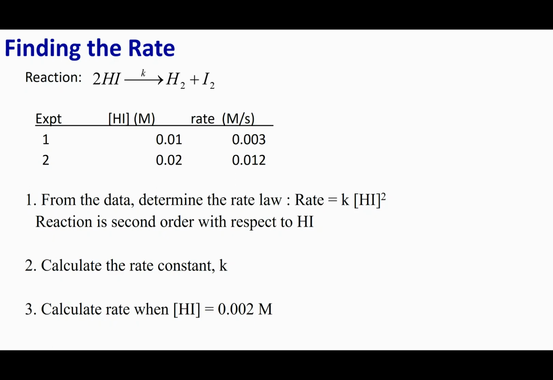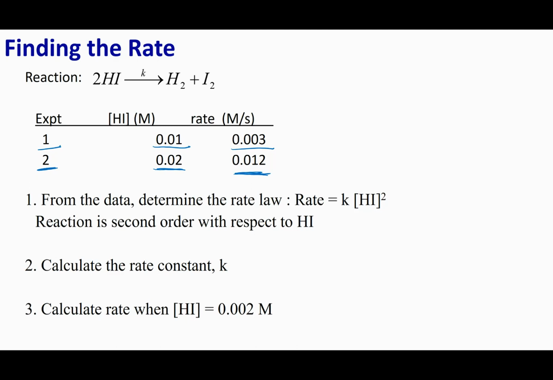Now, to do this method, we're going to run a series of experiments. So I'm going to go into lab. I'm going to run experiment 1. I'm going to note the concentration of my reactants, and then I'm going to measure the rate. Then the next thing I'm going to do is run that experiment over again in experiment 2, but this time I'm going to change the concentration, and then measure the new rate that I get for experiment 2.